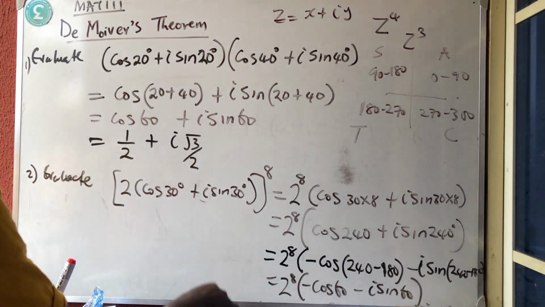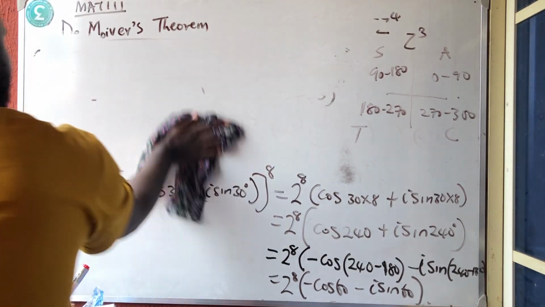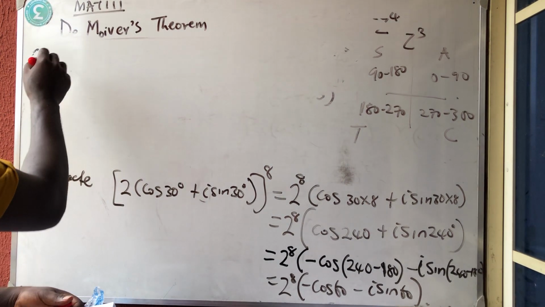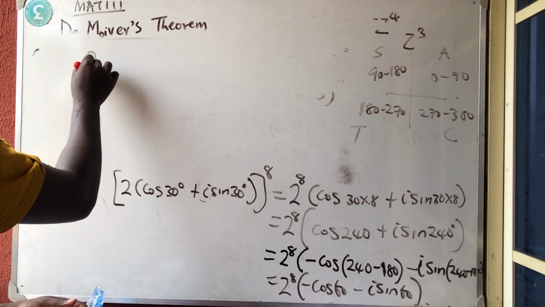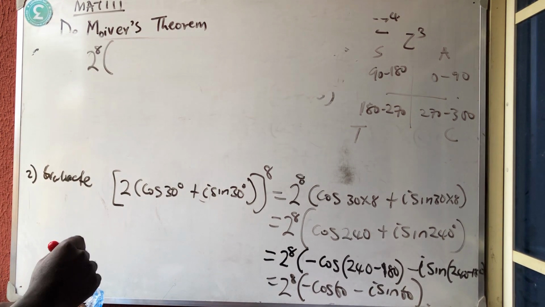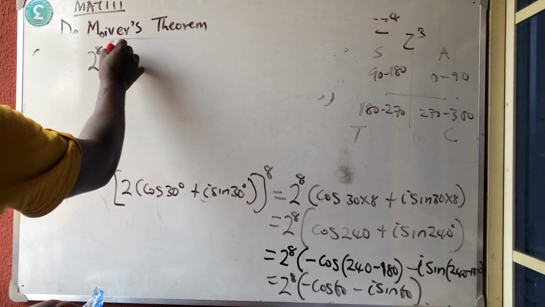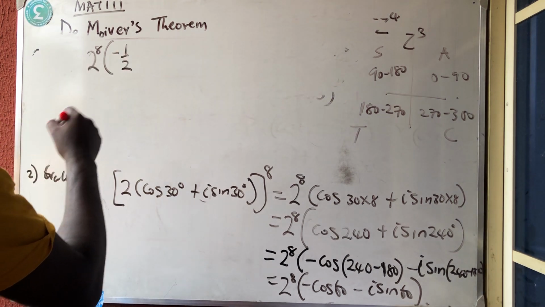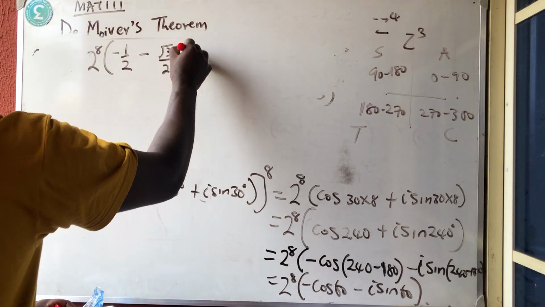So my final answer becomes 2 raised to power 8. You can find what 2 raised to power 8 is, bracket, minus cos 60 will give you minus 1 over 2, minus root 3 over 2 i.